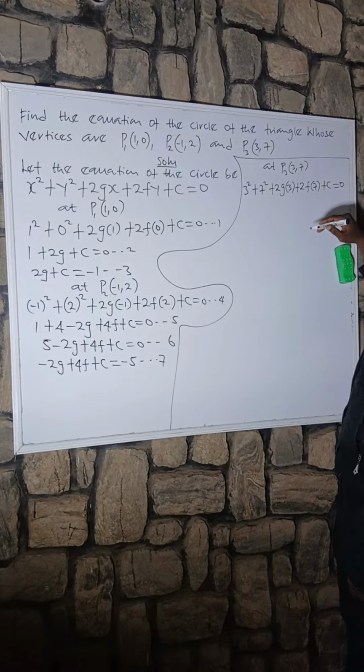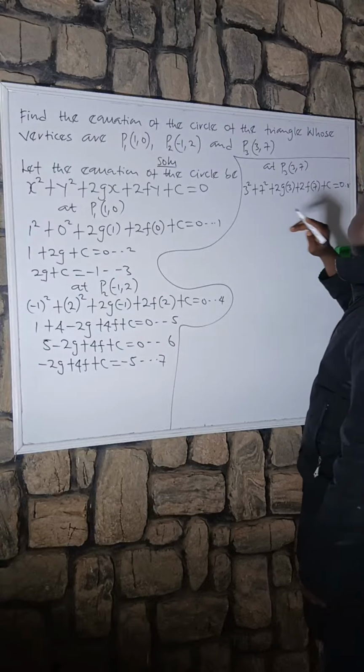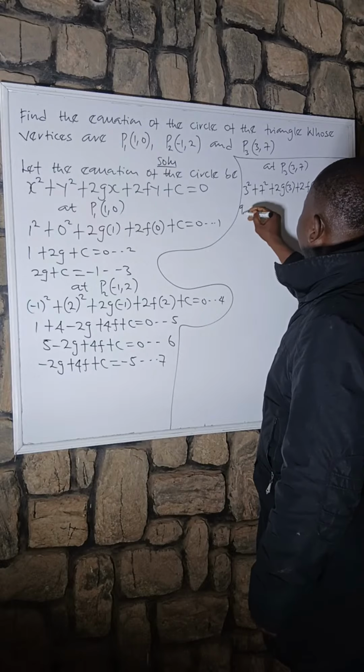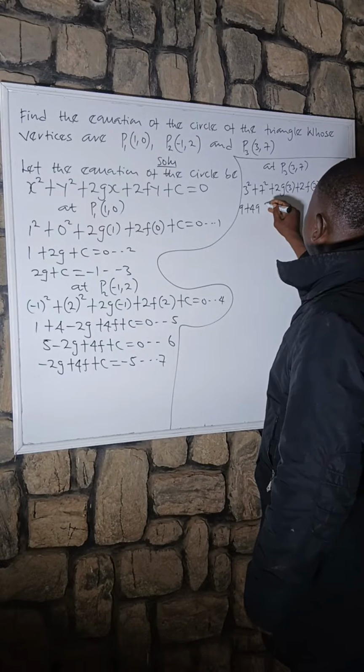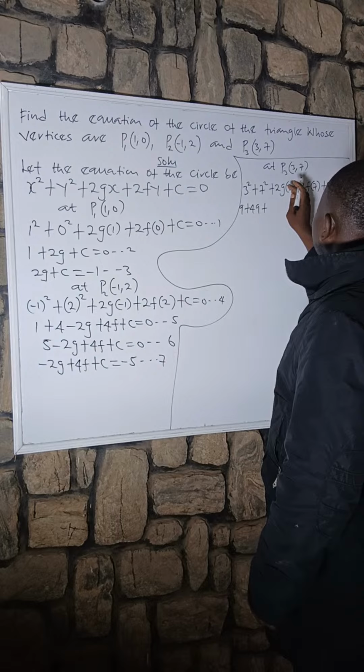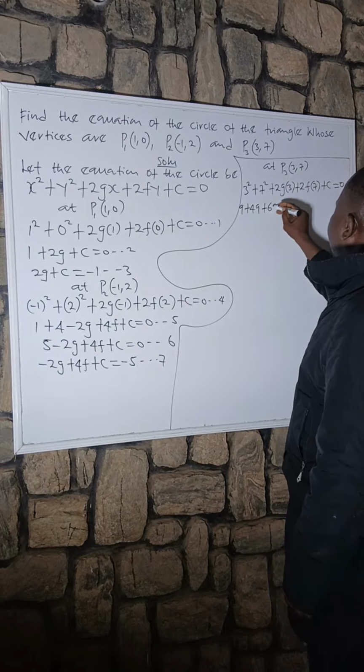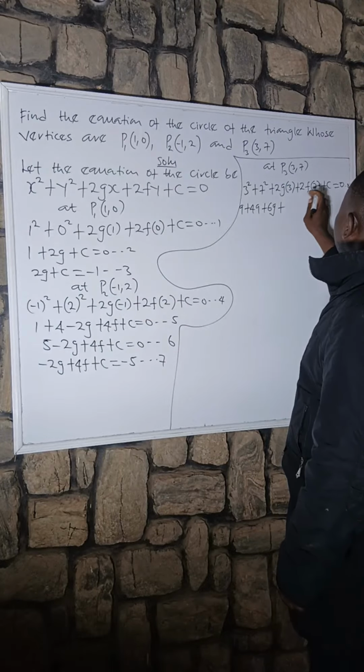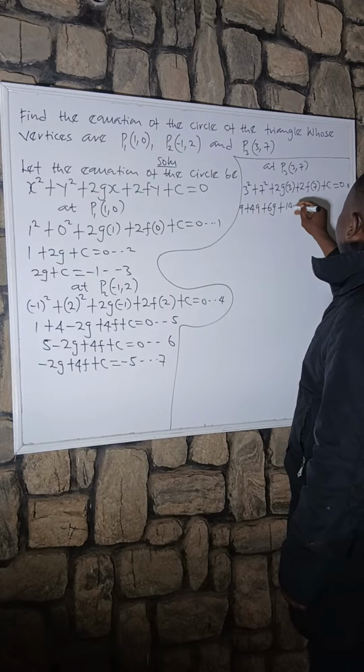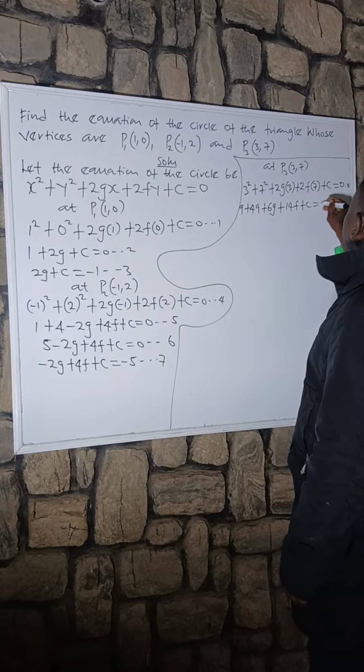This is equation 8, right? Then 9, 49, plus 2g times 3, 6g, 2f times 7, 14f, plus c equals to 0.